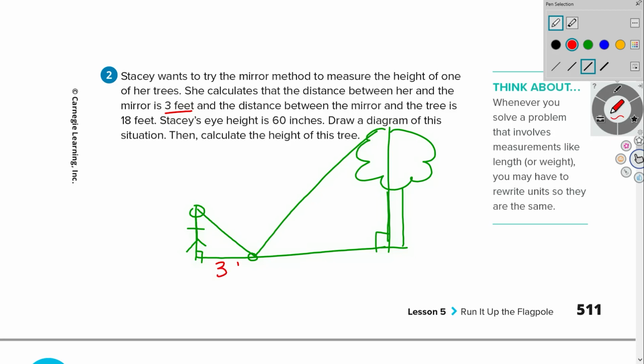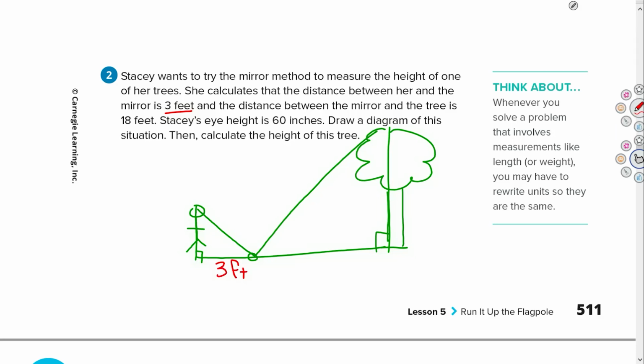And then between the mirror and the tree, this is 18 feet. And then her eye height is 60 inches. Now, everything else is in feet, 3 feet, 18 feet, so I'm going to do this one in feet as well. 60 inches divided by 12 inches is 5 feet. So I'm going to write 5 feet here. Her eyes are 5 feet off the ground, and I want to find the height of the tree. That's the diagram you should have.